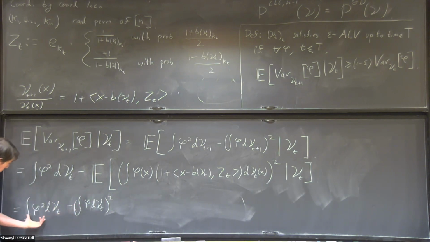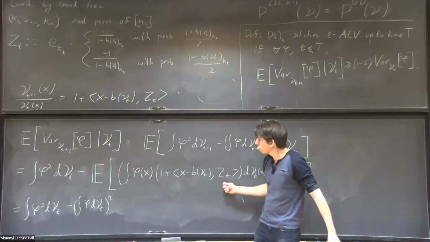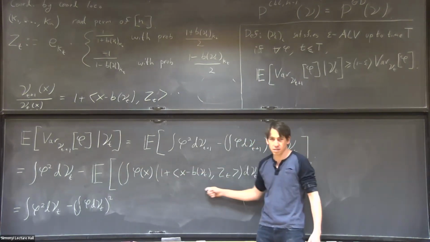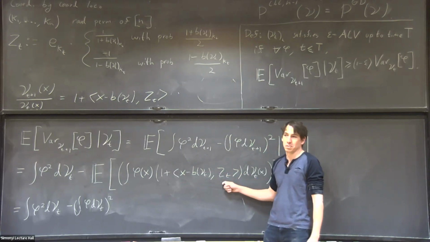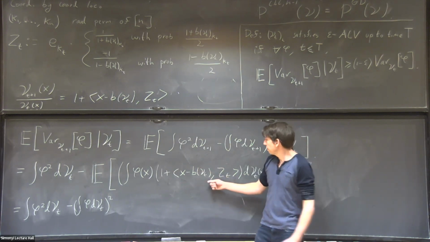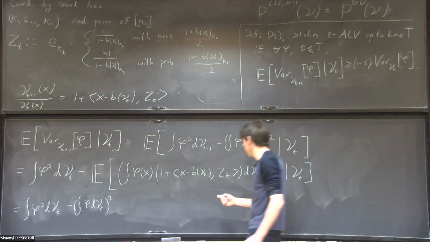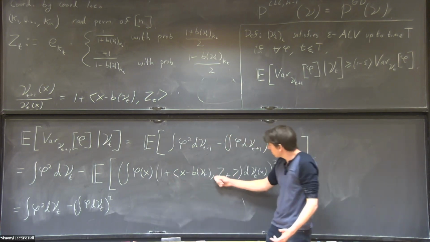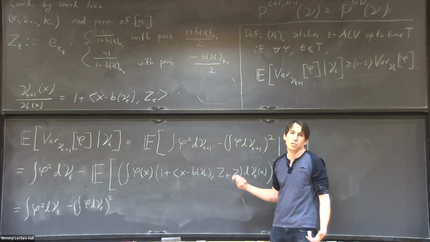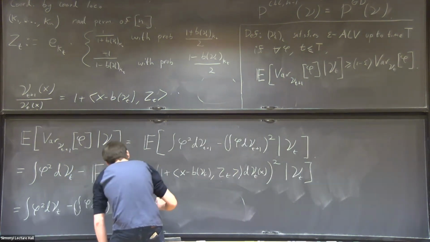Now I have the cross term, which is 1 times the expectation of this, but the expectation of this is 0 given nu t. So the cross term just vanishes. What I have left is just this times this, and again, because this has expectation 0, it's the expectation of the square of this part, which is just the variance of this.